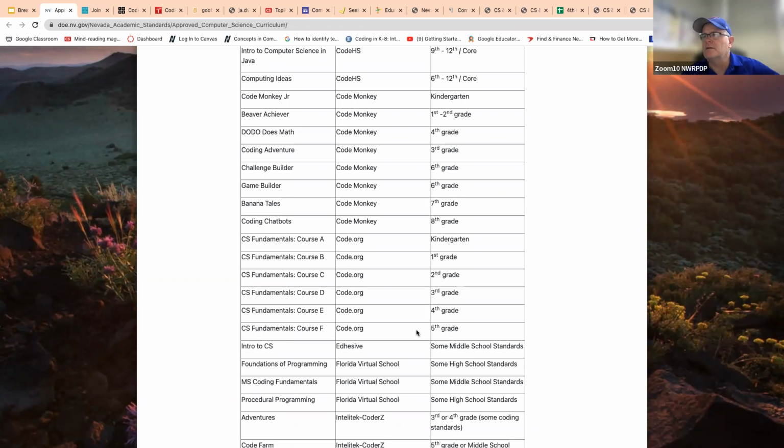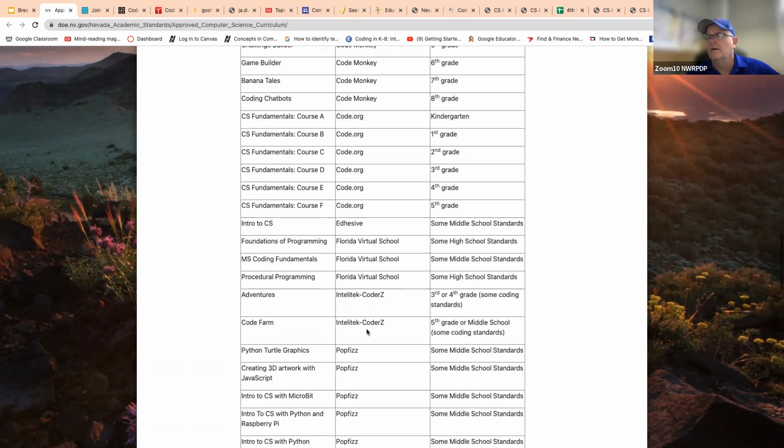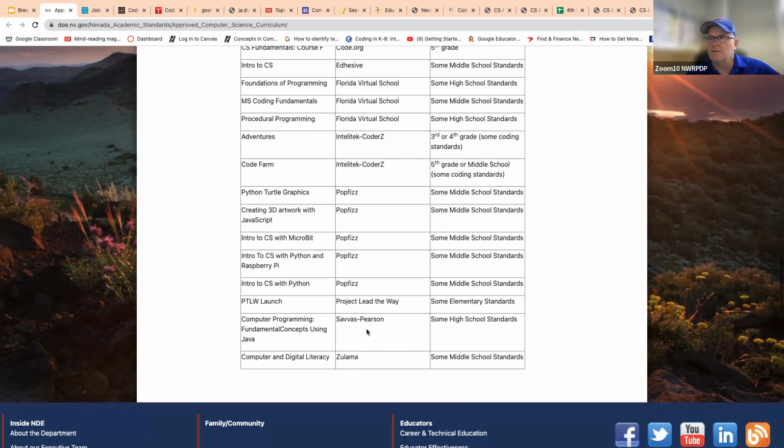So if you're a 5th grade teacher and you're using code.org course F, that's not approved, you have to supplement it with other things. And so just know that there's some other great resources out there, CodeHS, CodeMonkey. But you as a teacher, once you understand the standards and you know what's required of you, hopefully you'll be able to supplement.